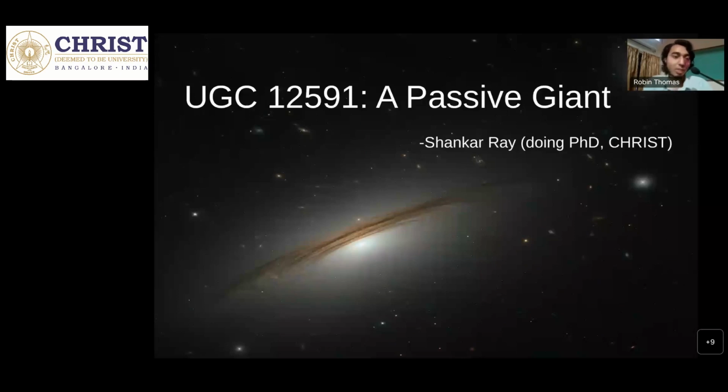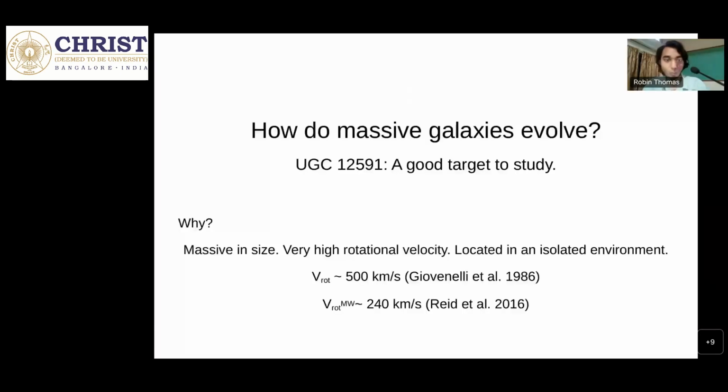So in my master's, I did a project about this particular galaxy called UGC 12591. Our question was how do massive galaxies evolve over time? UGC 12591 is a very interesting object to work on because it's massive in size, at least 3 times the physical dimension of our Milky Way, and probably at least 10 times the mass of our Milky Way.